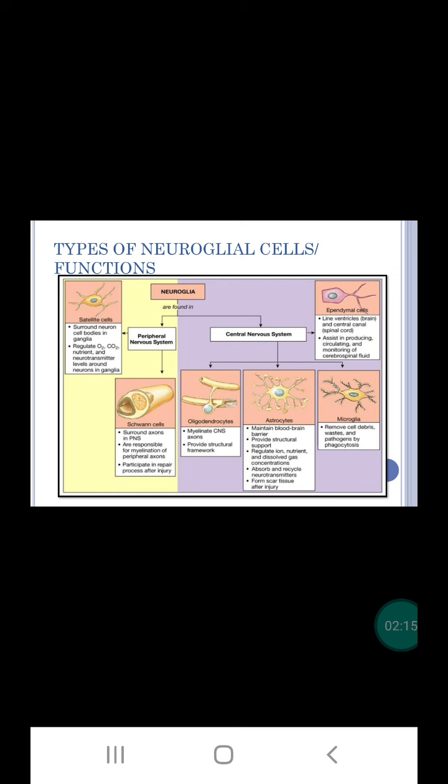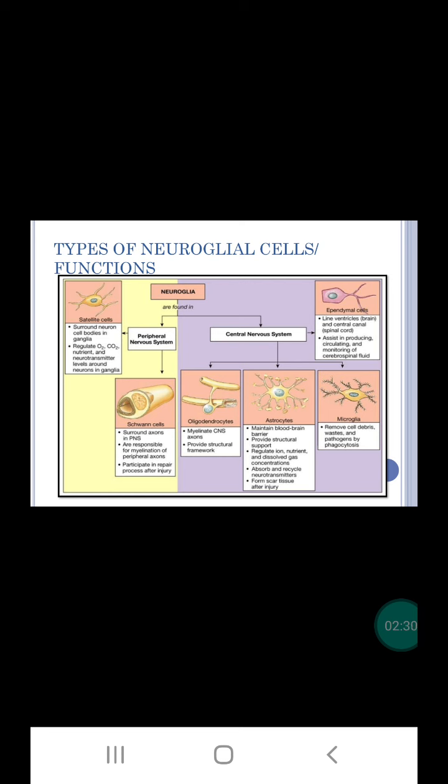Now if you see central nervous system, in that oligodendrocytes, then astrocytes, then microglia and ependymal cells are found.